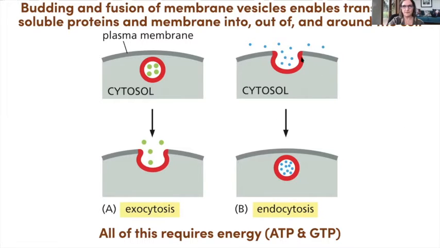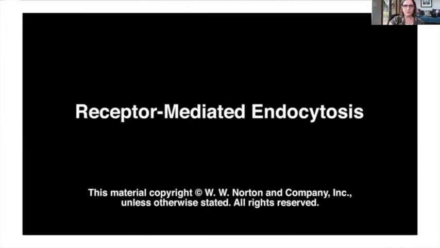As we talked about before, the membranes like to be contiguous, and you can imagine that changing membrane topology by pinching off a vesicle like this and creating a new surface here requires energy, and that comes from ATP and GTP and a variety of proteins that remodel membranes and pinch them off to make vesicles and fuse them to each other. All right, so I'm going to play this movie, which I think, and another one that I think, help to explain and visualize these processes in a little bit more detail.